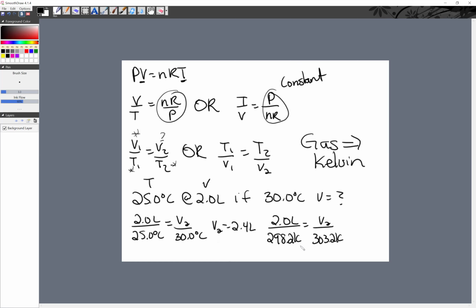And my answer is something wrong. V2 is 2.0 liters? What? See, I told you something was wrong. 2 liters times 303.2 divided by 298.2, and I still get 2.03.